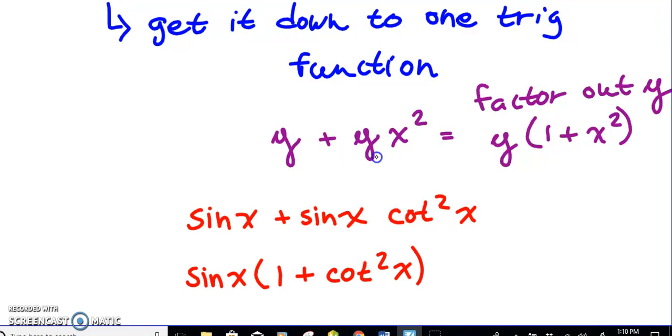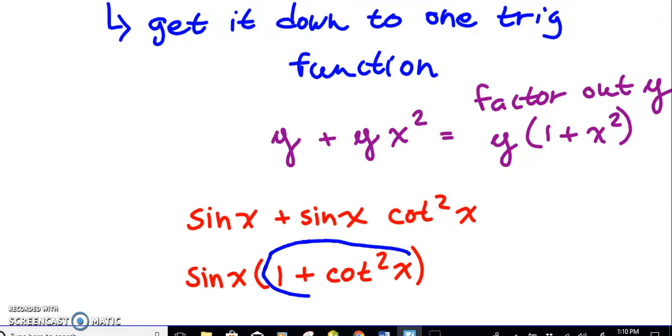We factored out a sine out of both of these, and we put it in front, and it's 1 plus cotangent squared x. Again, we're trying to simplify everything down to one trig function. So if we look at this part right here, does that not look like a trig identity? It does.